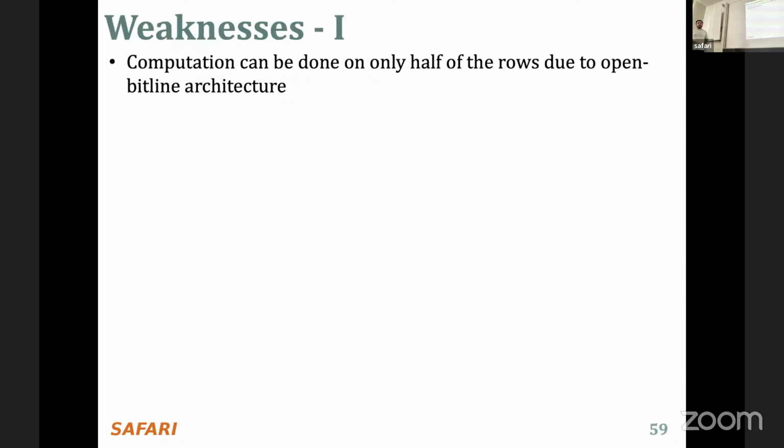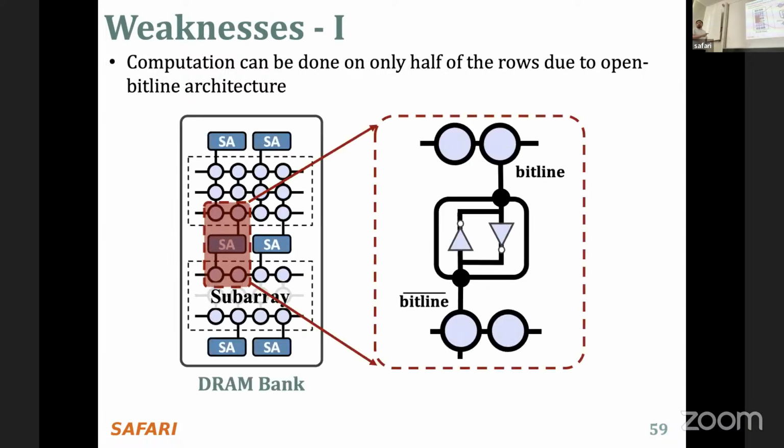And let's move on to weaknesses. The first one is that computation can be done only on half of the rows due to the open bitline architecture. Let me recall this pictorial example. Here, we can perform on the cells that have the ticks, right? But since the remaining half is connected to the other subarrays, we cannot fully utilize the parallelism that DRAM offers right now.